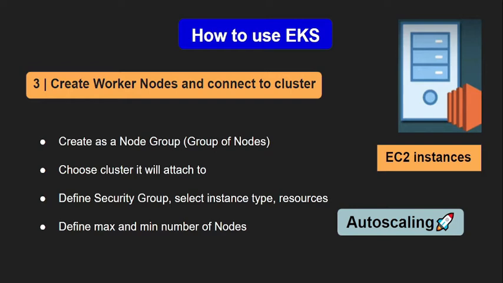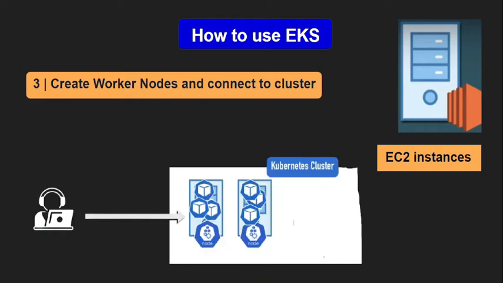For that, you define the maximum and minimum number of nodes: the maximum number of nodes it should scale up to, and the minimum number of nodes it should scale down to. And you have some other configuration as well. Once you create the node group, you have your worker nodes connected to the cluster.